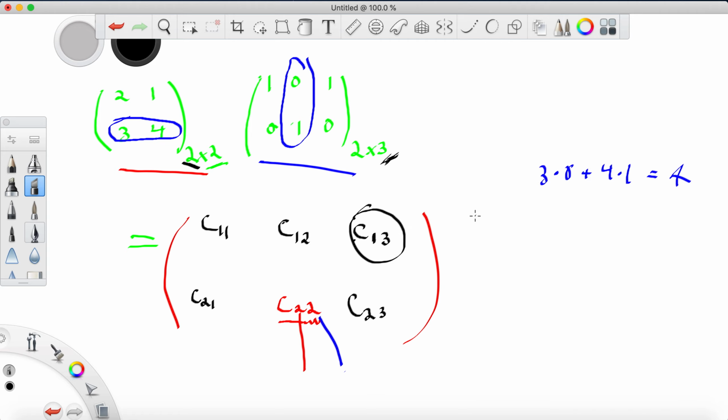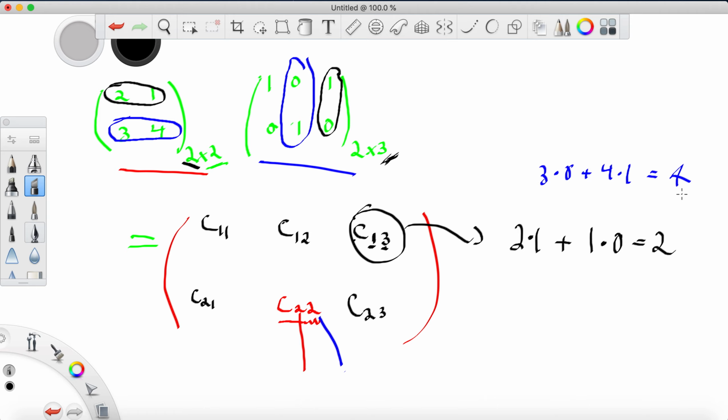Let's focus on this entry. The first entry here is 1. So that tells us that in our first matrix, we're going to look at the first row, and in our second matrix, we're going to look at the third column. And when I multiply those together, I should get 2 times 1 plus 1 times 0. Again, if this doesn't make sense, you need to go back and review how to multiply matrices.